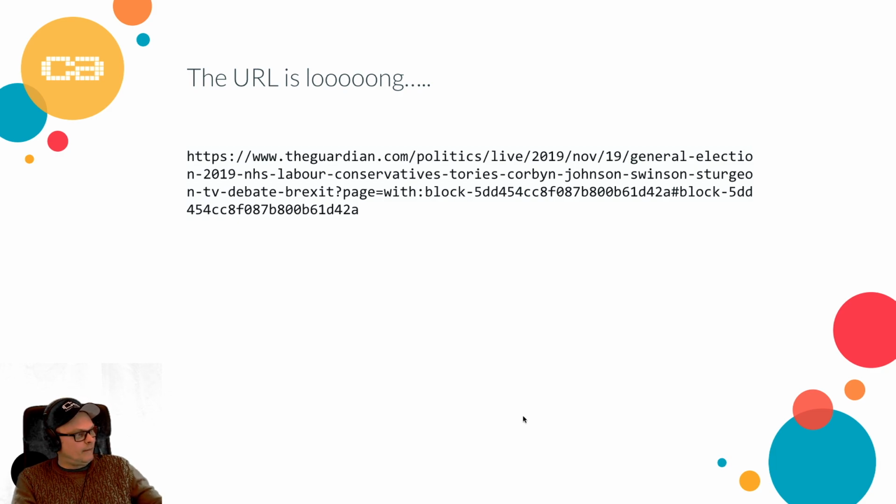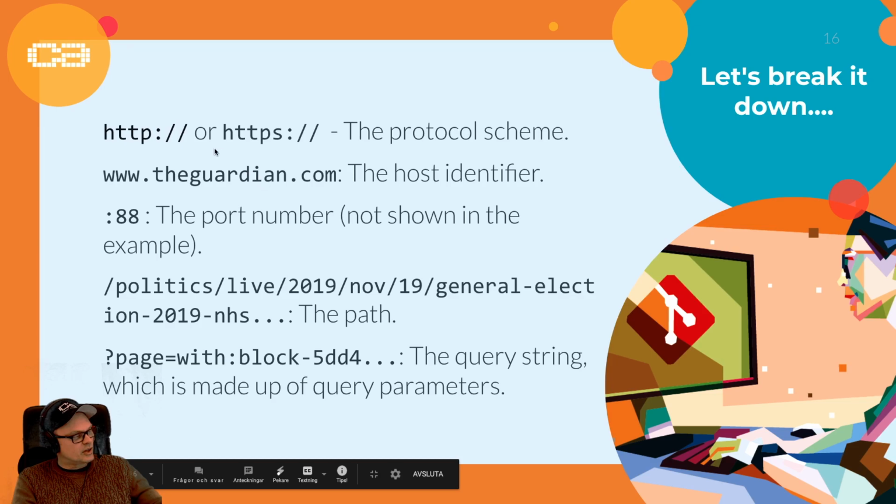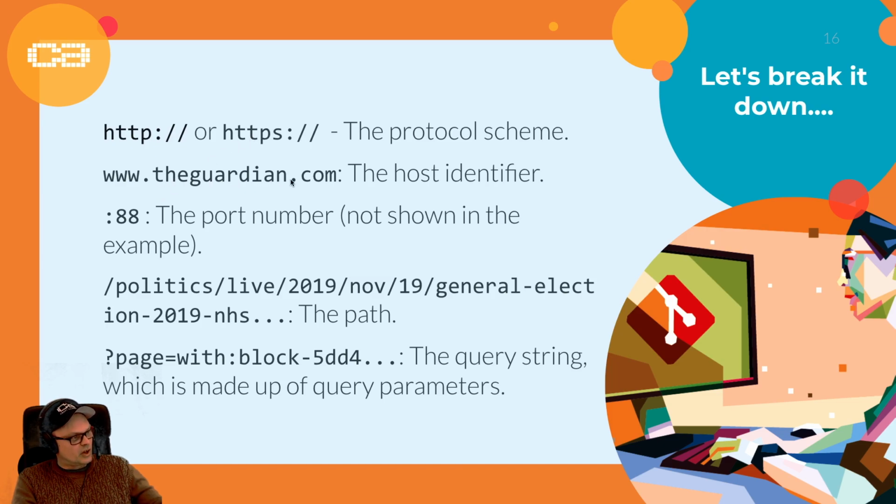What we can read out from this URL is that there is a protocol identifier. It's a secure socket layer HTTP request. There is a host name, a host identifier. There is this 88 port. I ran a scan on this, so it's actually using 88. We do not have to spell it out because that's the default port on that server. And then you have a path to the specific resource.